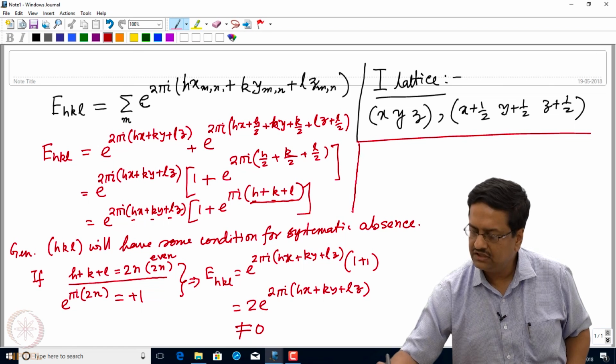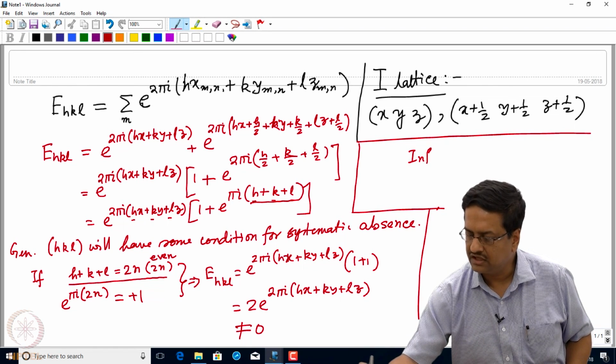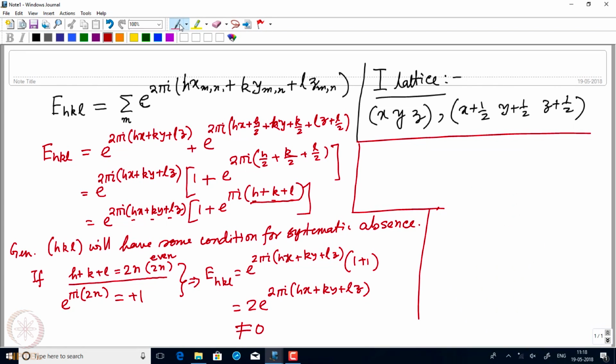What happens if we have the other condition, when h plus k plus l is 2n plus 1, which means odd?